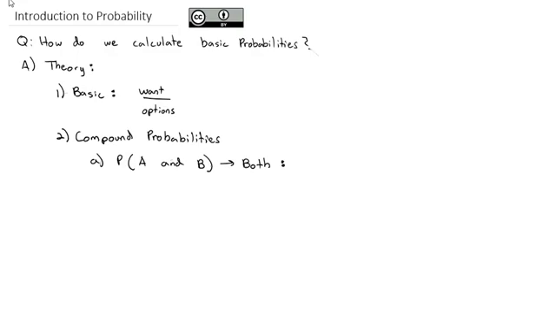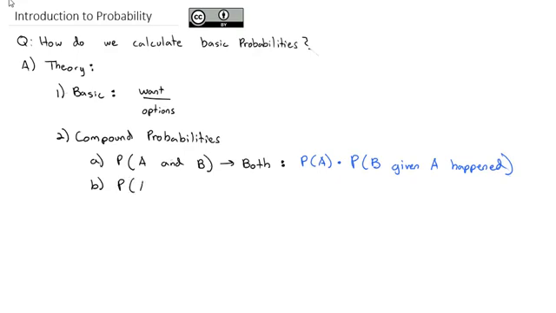And the way we calculate the probability of A and B is we take the probability of A times the probability of B given that A happened. So the probability of B may be different or the same depending on if A happened or not. But it's important that in our formula we say we multiply by B given that A happened. We'll look at some examples in a minute.